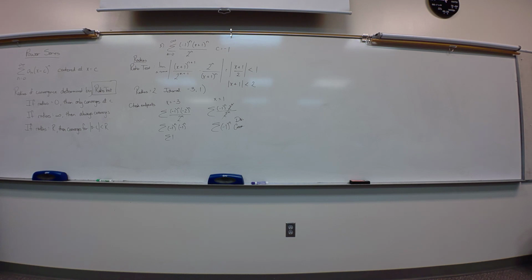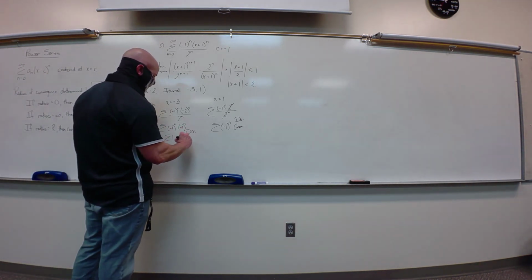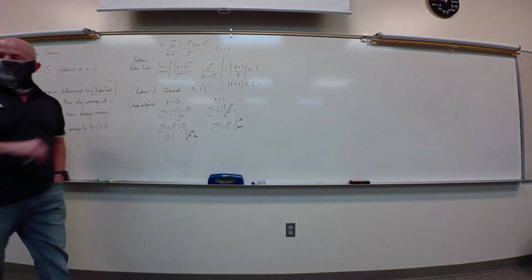Everybody agree? Which basically means the exponent is always even. So you're looking at negative 1 to an even power. Well, that's always 1. Everybody okay with that? Converge or diverge? Diverge. Why? Because if you just have a constant, it doesn't converge. Diverge, that would be the nth term, because if you just have 1, it's going to be 1 plus 1 plus 1 plus 1.